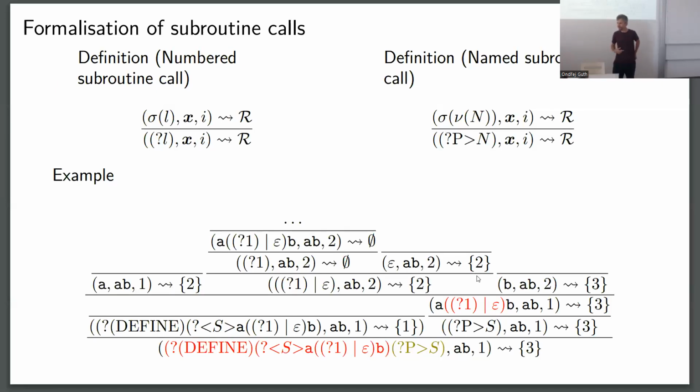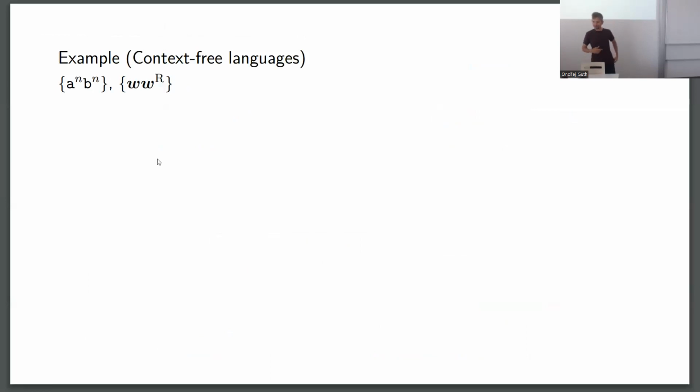The main point here is to show what the expressive power of subroutine calls is. And spoiler alert: it will be context-free languages. Just to remind what a context-free language is, there are two quite good examples. One of them is the structure of pairs of parentheses, opening and closing.